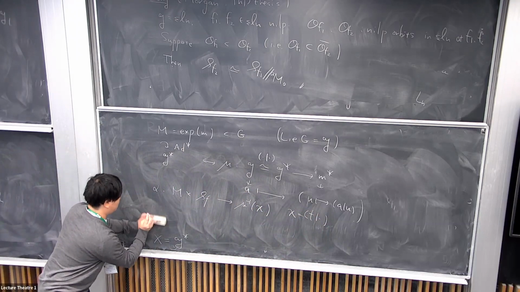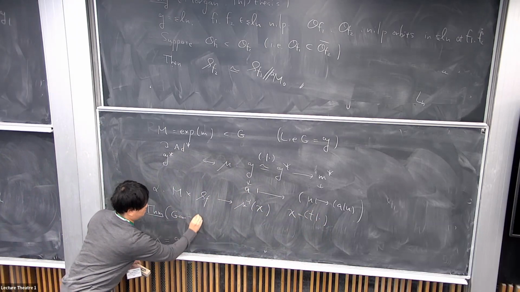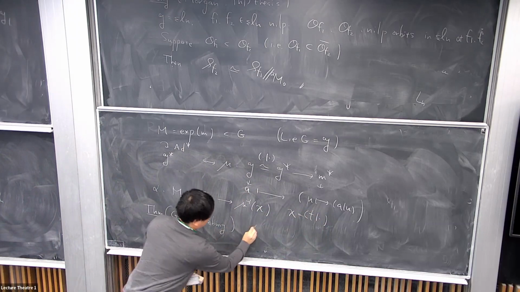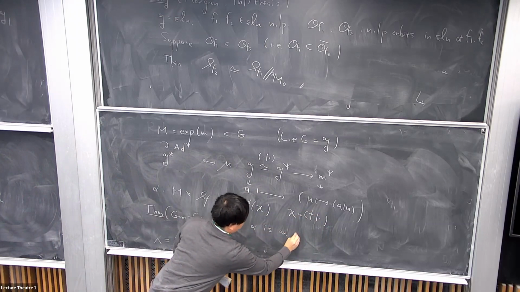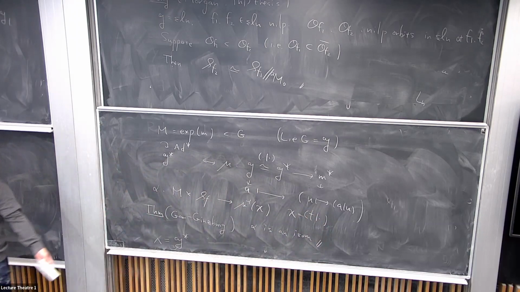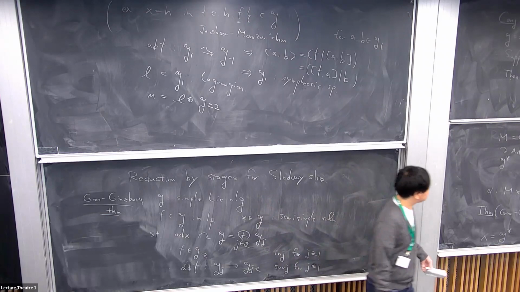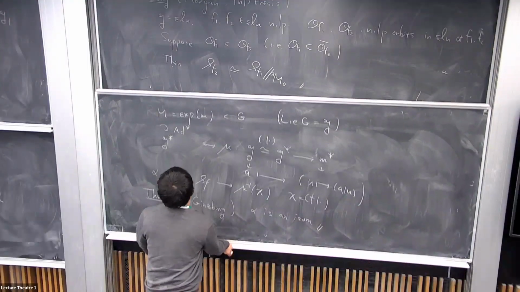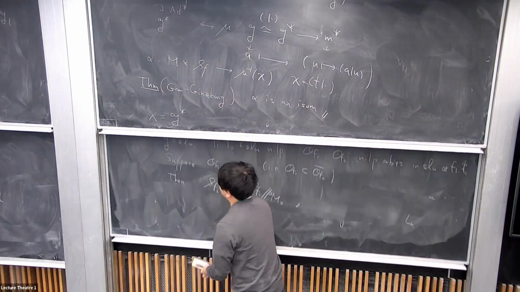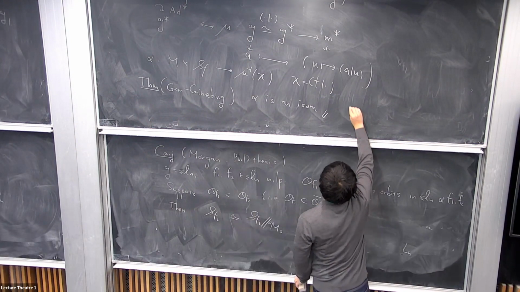Claim, the theorem of Gan-Ginzburg: alpha is an isomorphism. To show this isomorphism, we need to assume some technical conditions. But we have that alpha is an isomorphism.